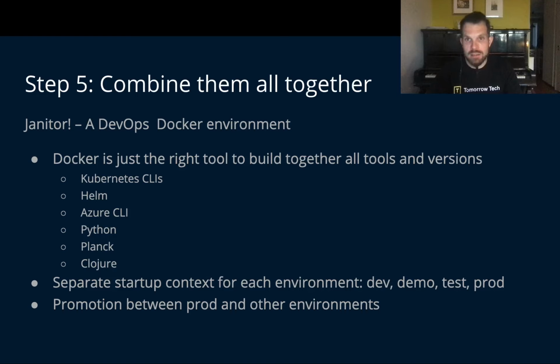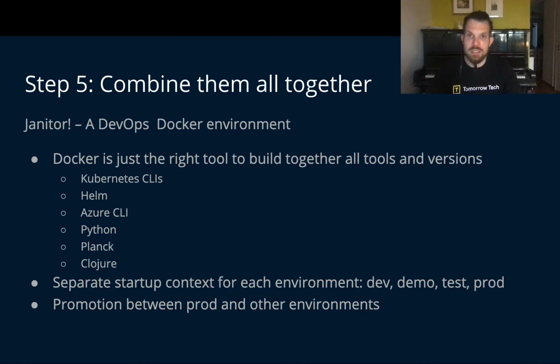And then we have a separate startup context for each of our server environments. We have 4 environments, and all of them have different configurations available for them. This way the Docker container called Janitor can be started so that it mounts from our configuration Git repository just the right stuff for that specific environment.